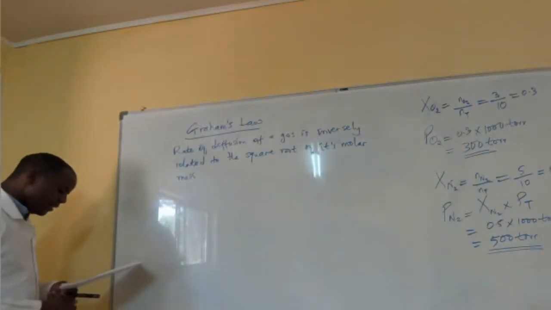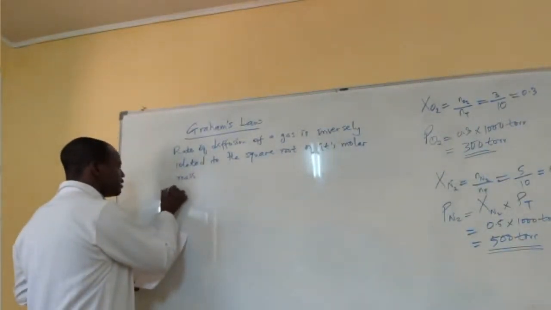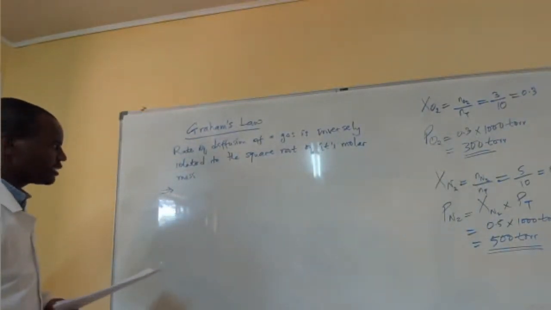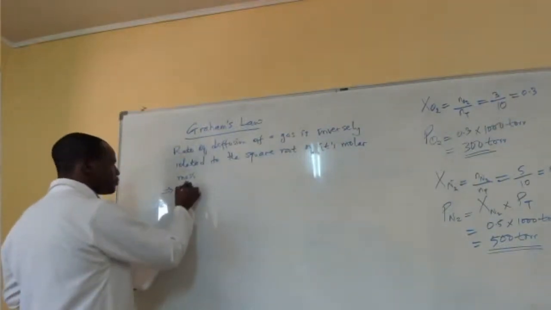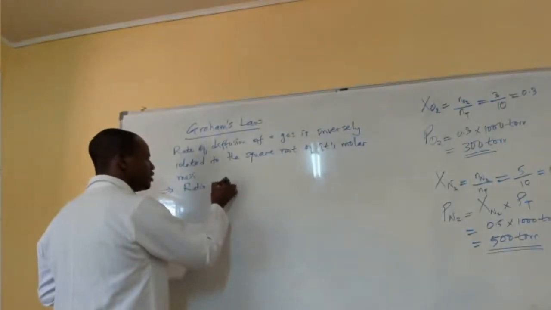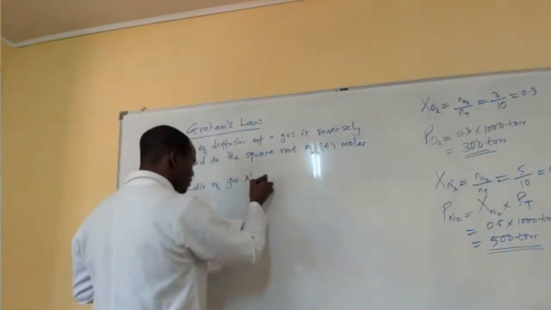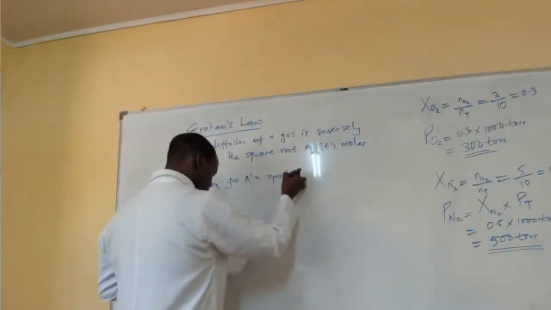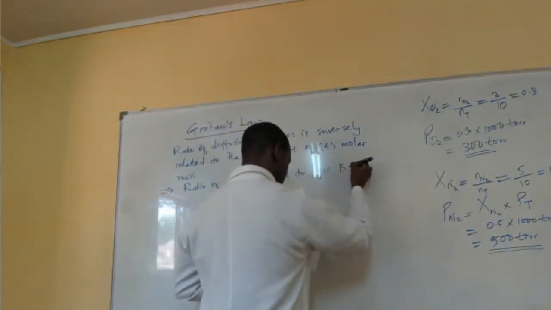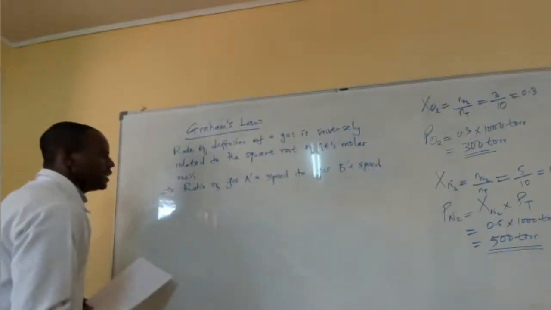faster. So here, if we have gas A and gas B, we can relate their rate based on some kind of ratio. So let's say the ratio of gas A speed to gas B speed can be related in an equation.